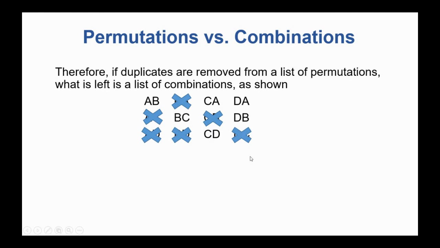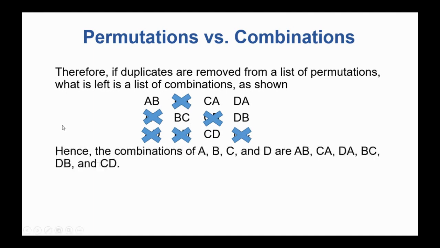We don't need that one. So that means the combinations of A, B, C, and D are AB, CA, DA, BC, DB, and CD.